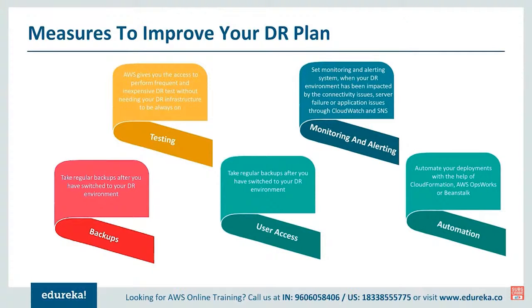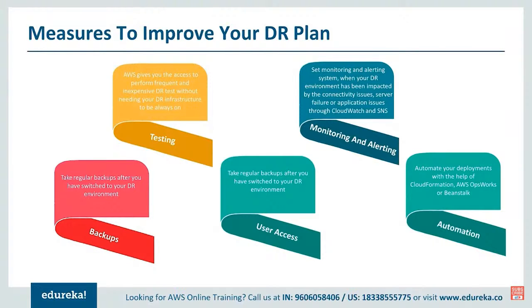AWS gives you access to perform inexpensive DR tests without needing your DR infrastructure to be always on. To test the DR scenario, you can write a script, a one-time effort that you can run periodically, wherein you will get to know whether you'll be able to recover from a situation on a regular basis. Then monitoring and alerting is an integral aspect for every application.